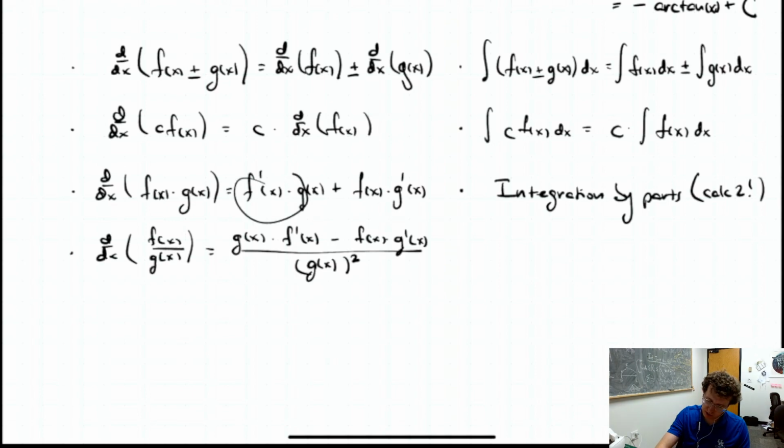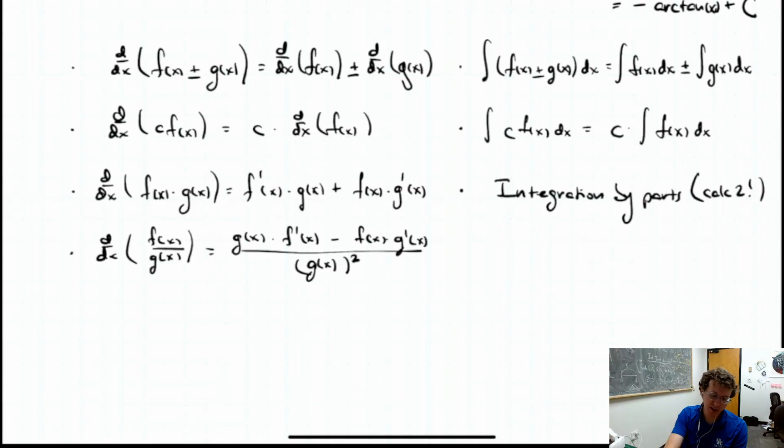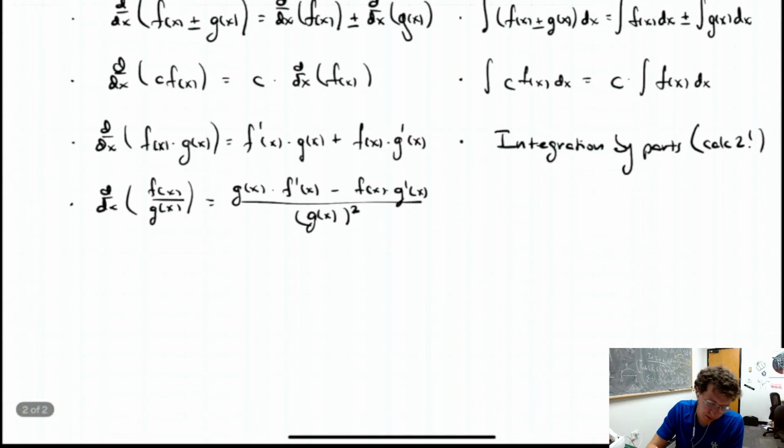In the product rule, it does not matter what order you write these in because addition is commutative. Subtraction is not commutative. It matters which term comes first. There's not really a corresponding rule for antiderivatives. You can try to write something down in the style of integration by parts, but it doesn't really end up being useful.